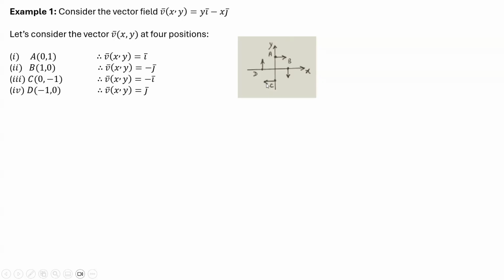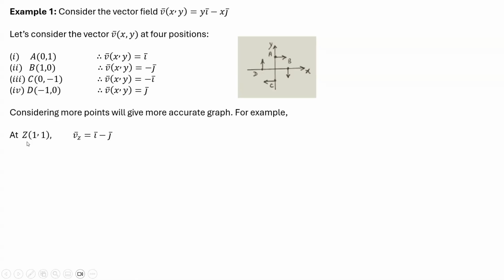So basically, you can see it's kind of a clockwise direction. Now, if we want a better visualization of this graph, we would like to take another point. For example, take a random point Z, let's say (1, 1). If you insert this point into this equation, you will get i cap minus j cap, and then the graph would look like this.